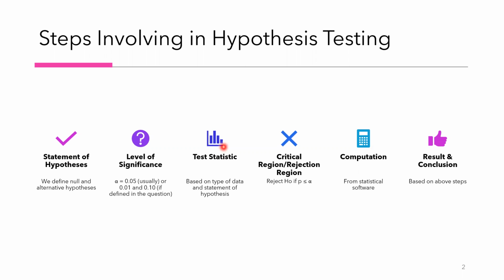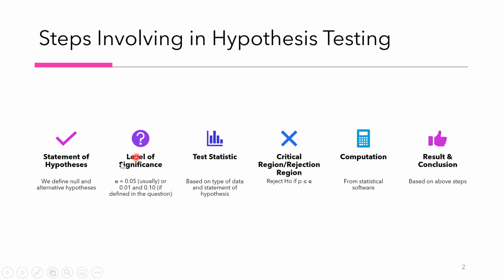Then we define our rejection region: we will reject the null hypothesis, which is defined in step number 1, if the p-value is less than or equal to alpha, which is defined in step number 2. Then we compute in any statistical software; our concern is mainly SPSS.